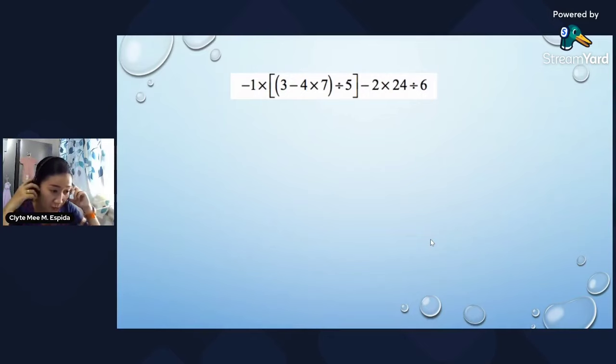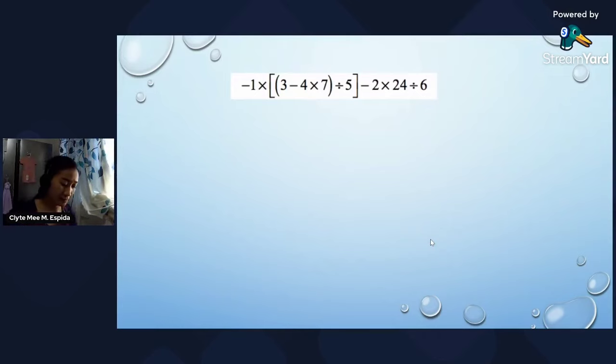So, dito magkakaiba na po yung mga sagot natin. So we have 16, 43, negative 8, 17, 3, negative 7. Okay, we have also negative 49.